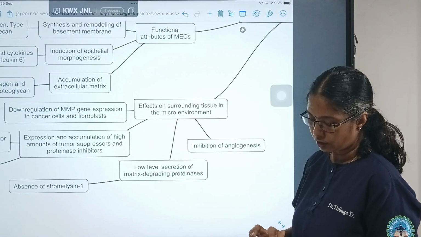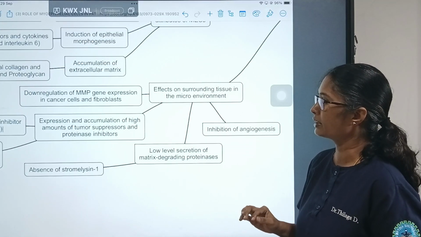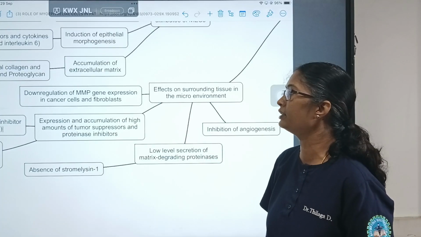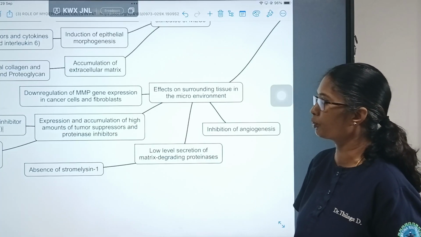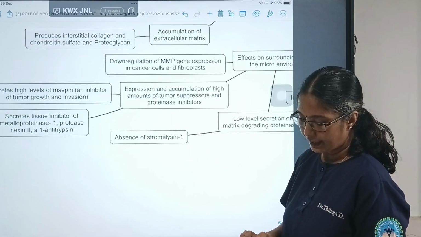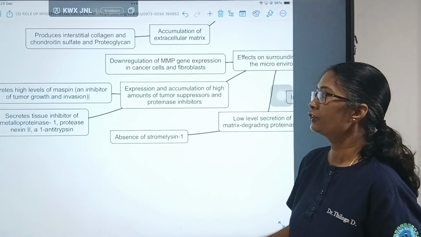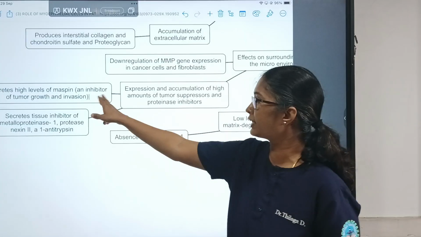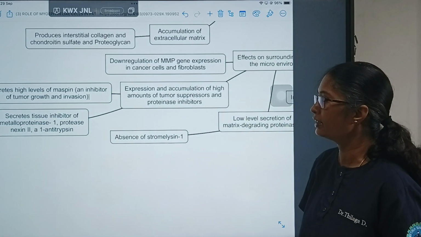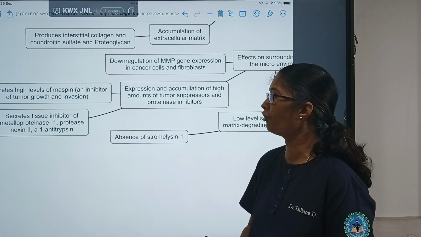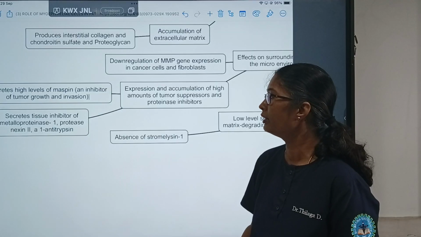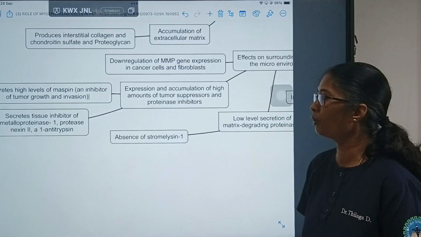What are the effects on surrounding tissue in the microenvironment? It downregulates MMP gene expression in cancer cells and fibroblasts. There is expression and accumulation of high amounts of tumor suppressors and proteinase inhibitors. It secretes high levels of maspin, which is an inhibitor of tumor growth and invasion, and it also secretes tissue inhibitor of metalloproteinase, protease nexin 2, and alpha-1 antitrypsin.